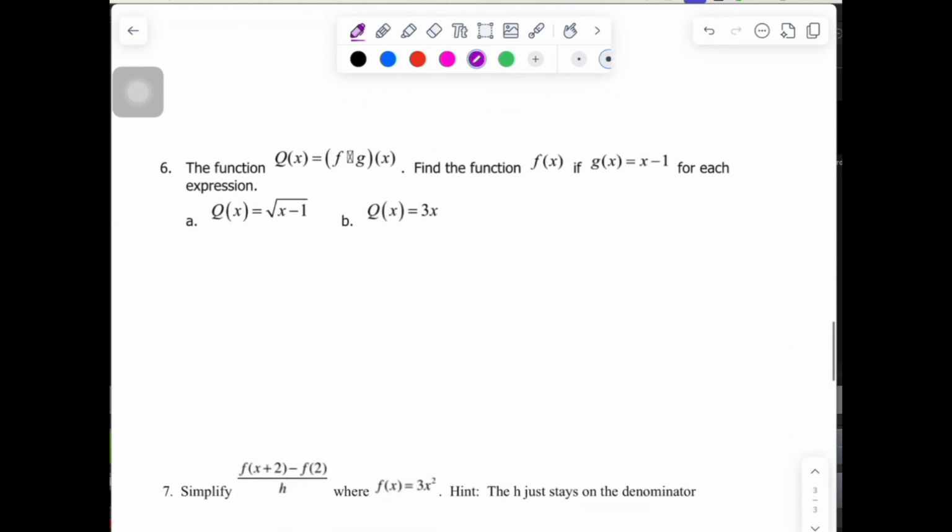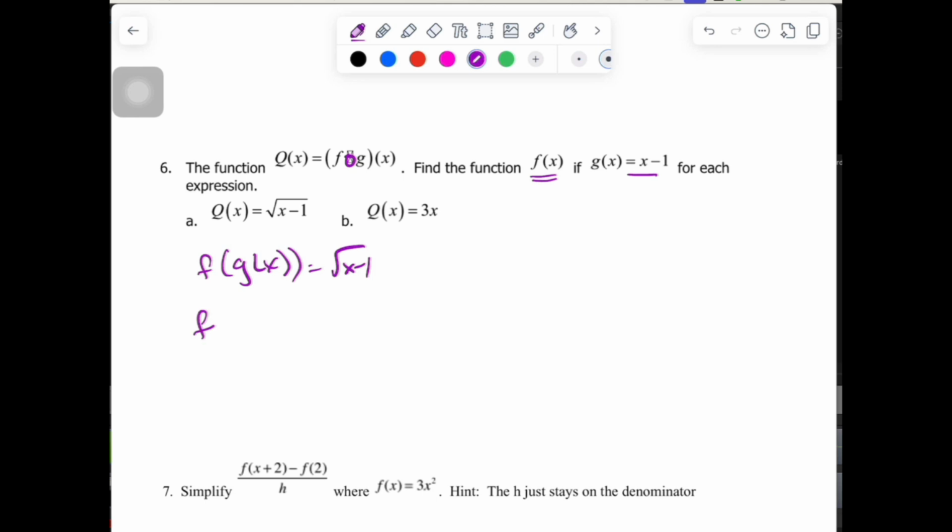Okay, looking at this one now. This one says that q of x is equal to f of g of x. We want to find f if g is this. So what this means is I have f of g of x equal to root x minus 1.